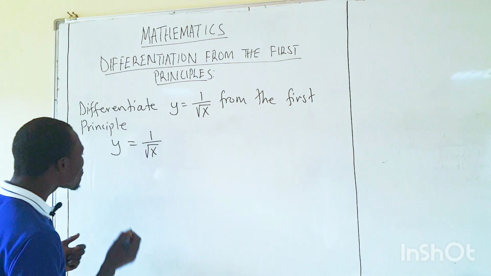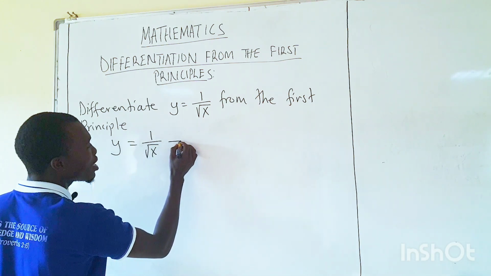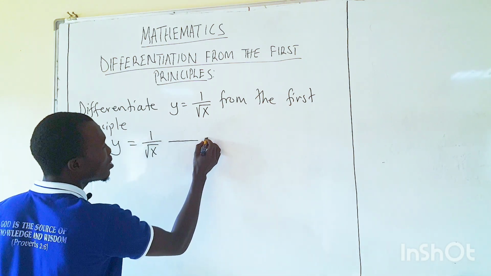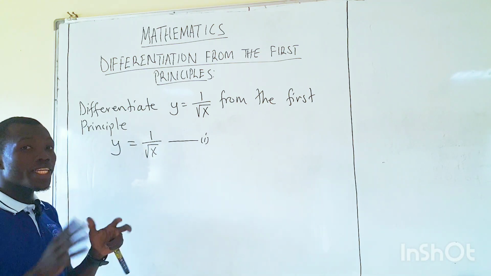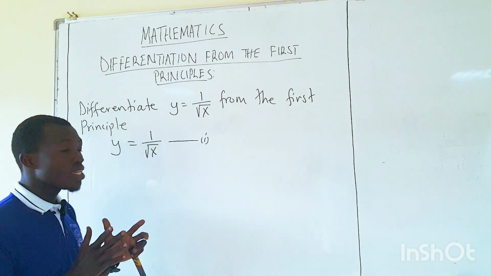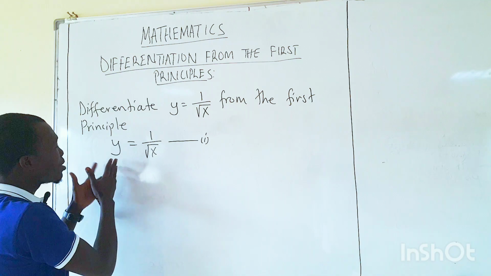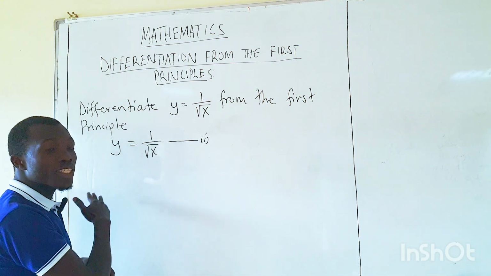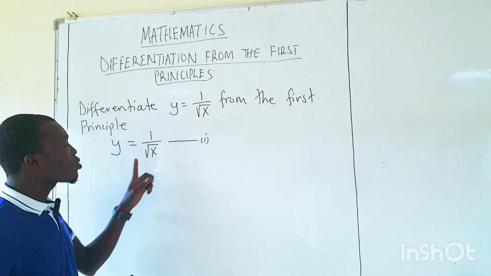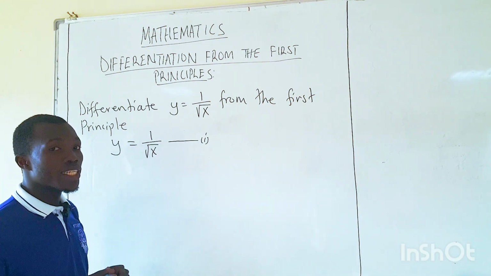We shall call this our equation 1. Then the next step will be adding a small increment in y to what we have on the left hand side, and then adding a small increment in x on the right hand side.